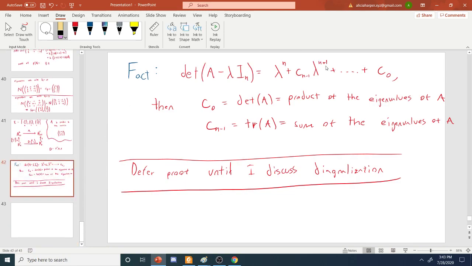I claimed that C n minus 1 here and C naught have the following interpretations. C naught is the product of the eigenvalues, and C n minus 1 is the sum of the eigenvalues. And I told you guys that I would defer the proof until I discuss diagonalization. Well, I've discussed diagonalization, so now let me say how this is proved.